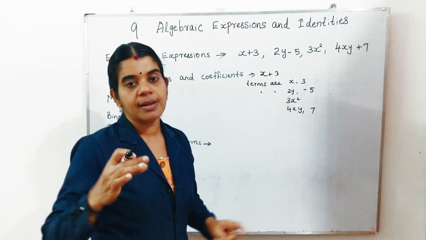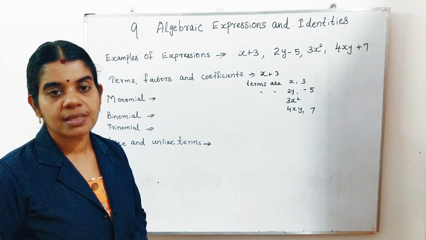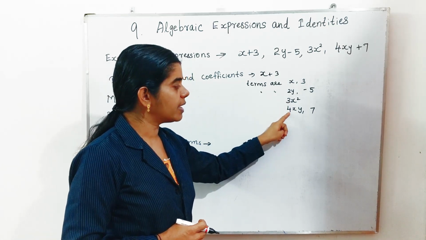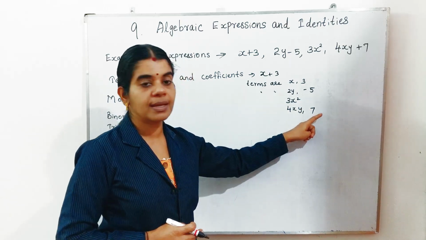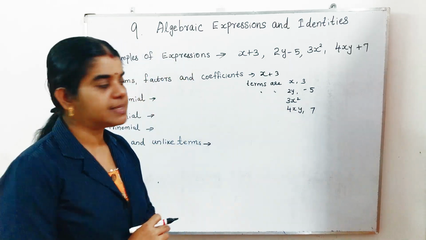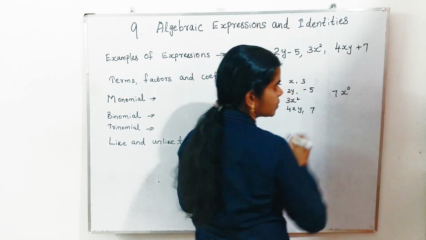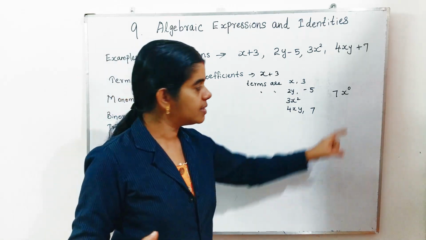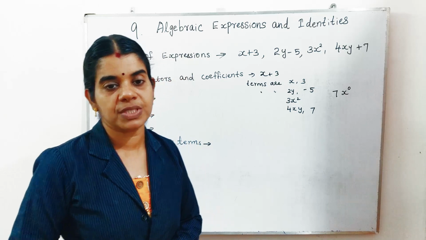The numerical factor of a term is known as its coefficient. In 3x square, 3 will be the coefficient, in 4xy, 4 will be the coefficient, and 7 is also a coefficient. Simply 7 is written, which means 7 into x raised to 0. x raised to the power 0 is equal to 1. So 1 into 7 again becomes 7.